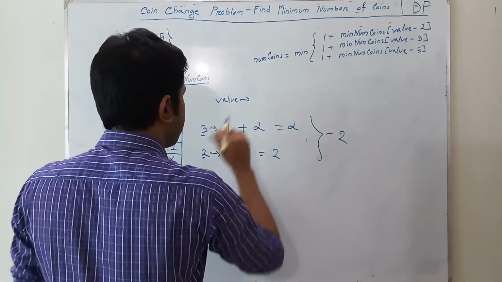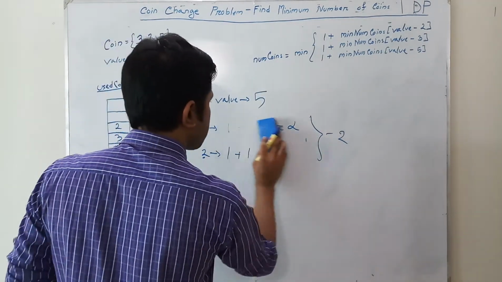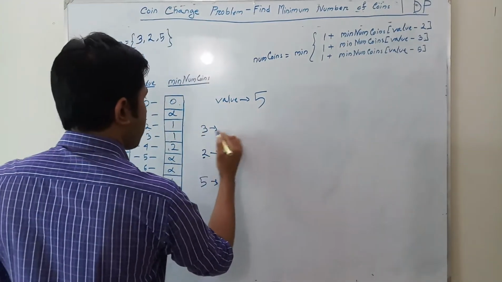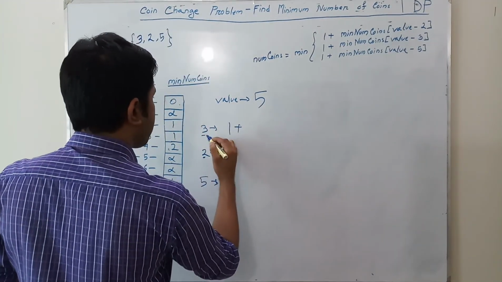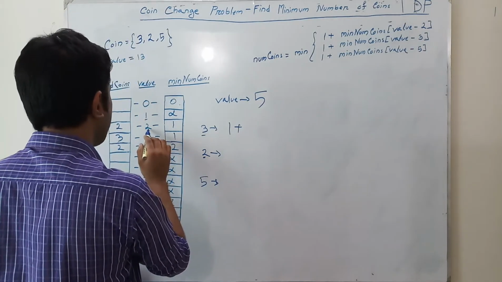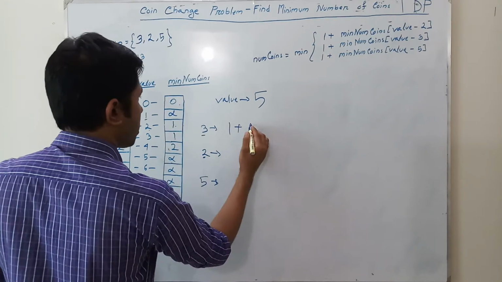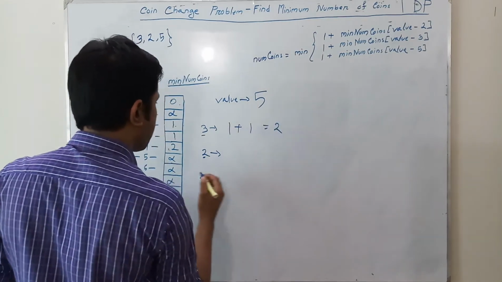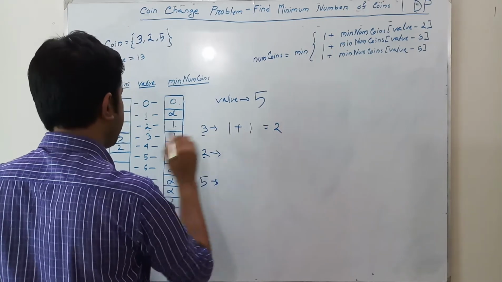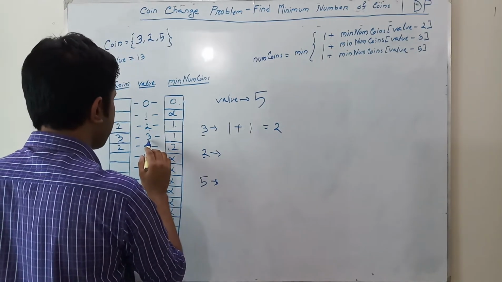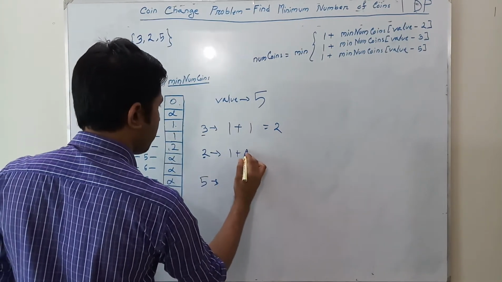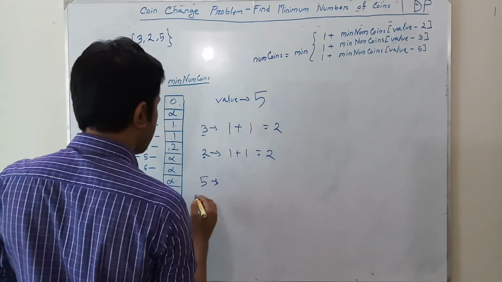When the value is 5, after using the denomination 3, we have remaining 2, and for 2 the minimum number of coins is 1. Equal to, after using the denomination 2, we have remaining value 3, and for the 3 the minimum number of coins is 1, so the value will be here also 2.